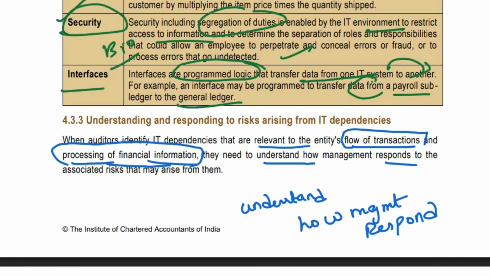Now, understanding and responding to the risk arising from the IT dependencies. You have to understand those dependencies if they are going to affect your entity's flow of transactions and processing of financial information. If you identify those dependencies that affect your flow of transactions and financial information, then understand how the management is responding to it.